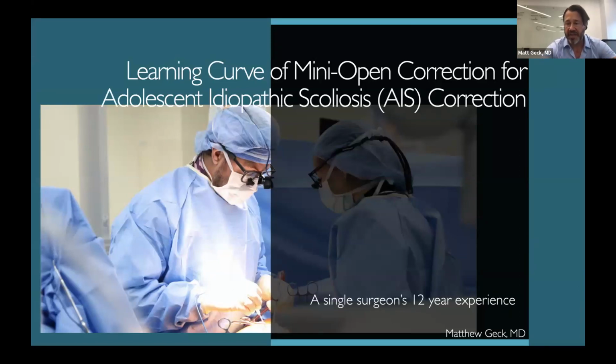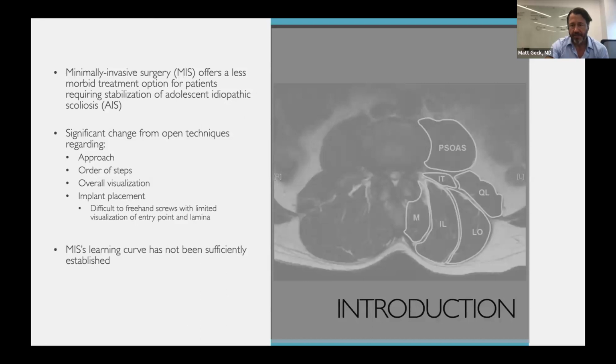So I was interested in learning curve data for this procedure, as just an example of how we all learn as surgeons and how we all progress through surgical techniques. Part of that was a big rash of papers that came out in the Scoliosis Research Society talking about learning curves having an initial shoulder, but then flattening out.